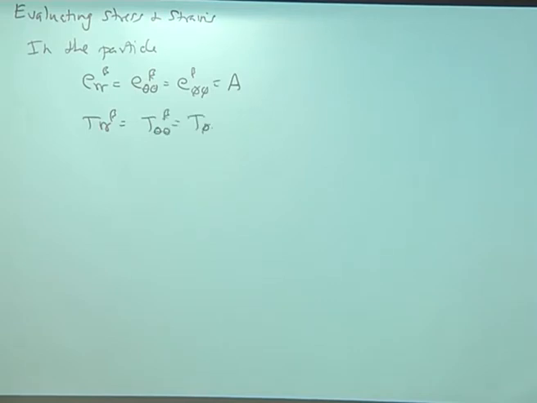So in the particle, A TRR is equal to 3K minus epsilon.